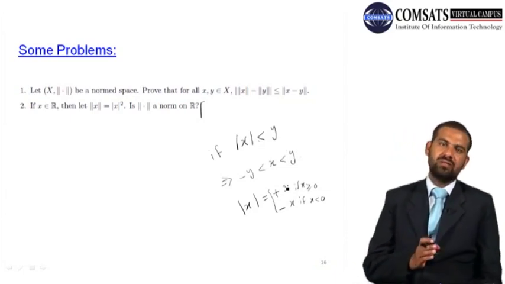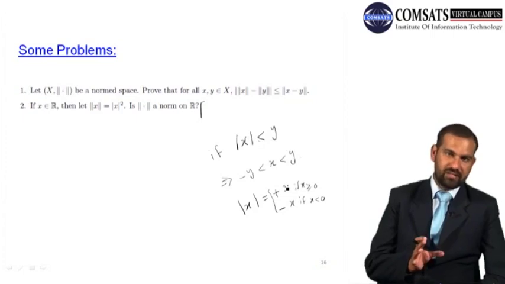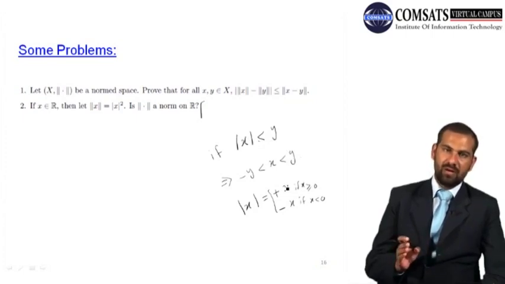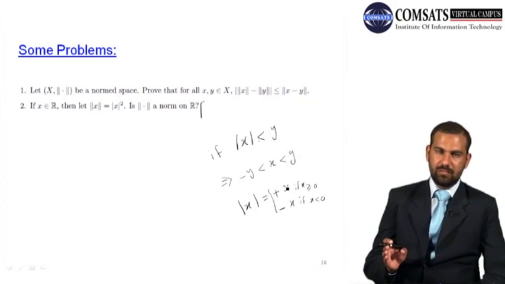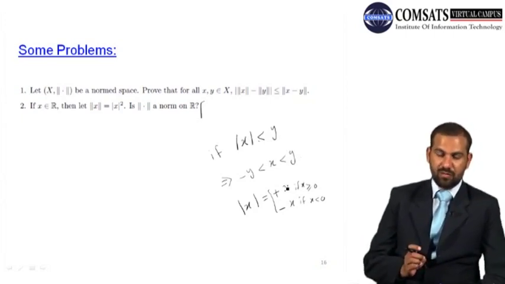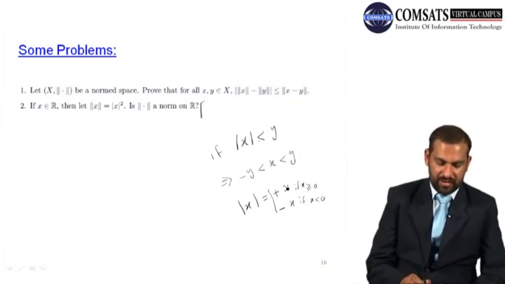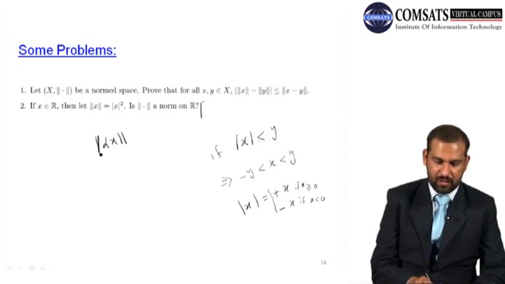Also for N2, that is, the norm of alpha x is equal to the mod value of alpha times the norm of x. Is this satisfied or not? Just consider the norm of alpha x.